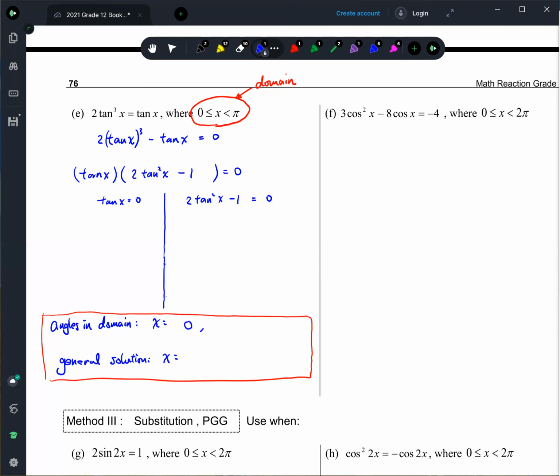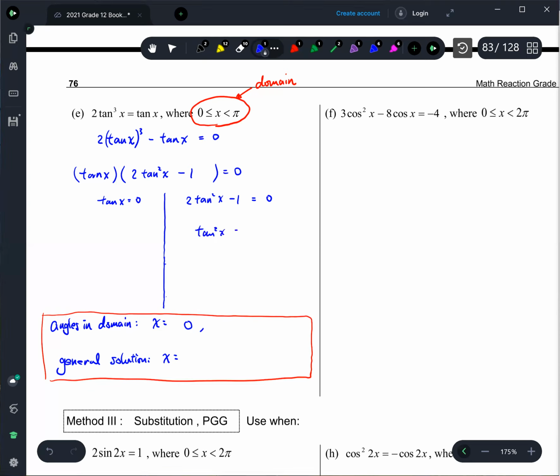I think it's undefined because when you have -1/2 and then you gotta take the square root of it, so you can't take the square root. How did you get -1/2? Oh, it's +1/2. Yeah. Okay. If you move it over, right, tangent squared x will be 1/2.